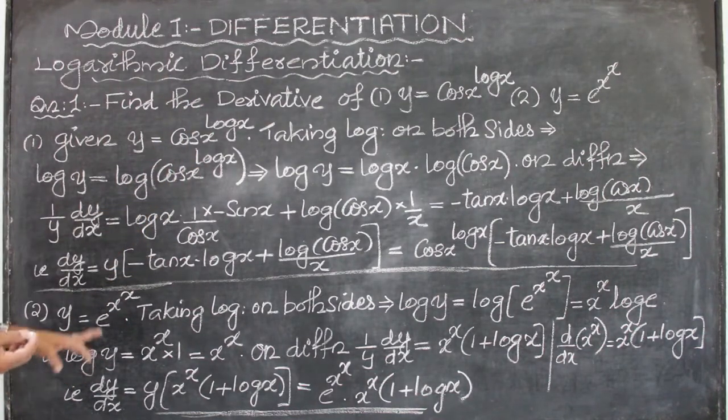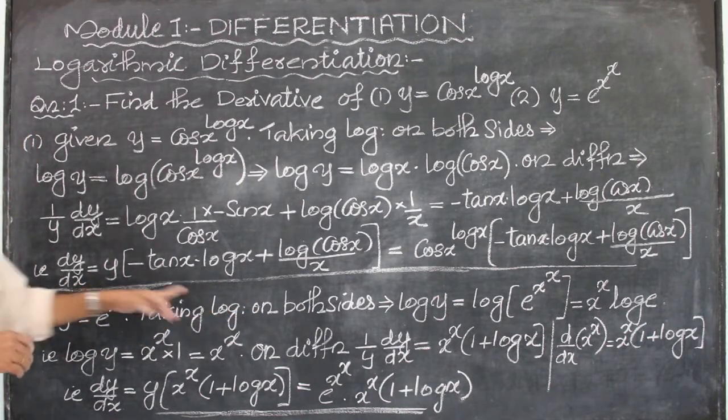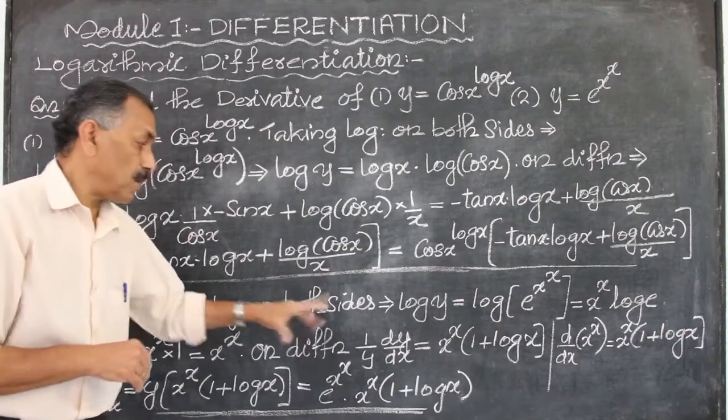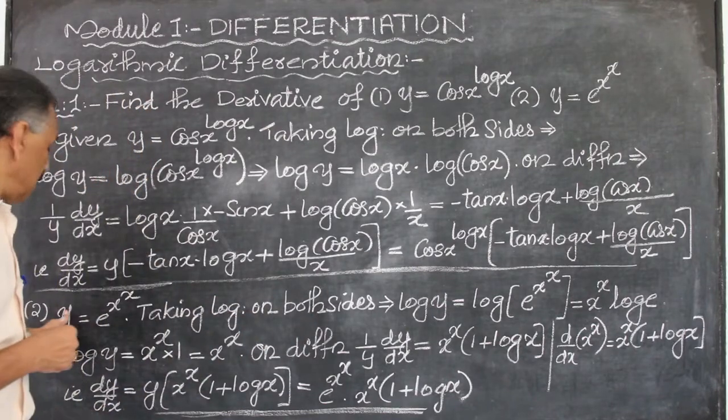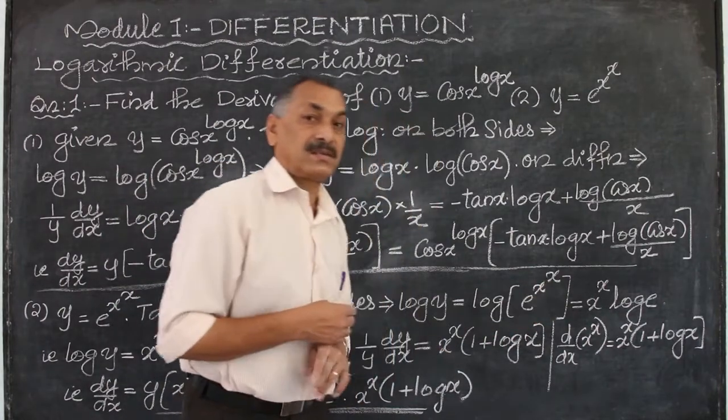Then what is given? y is equal to e raised to x raised to x. That is again exponent into function. Since the exponent is a function of x, to find the derivative we take logarithm. Taking logarithm on both sides, we have log y is equal to log of e raised to x raised to x.